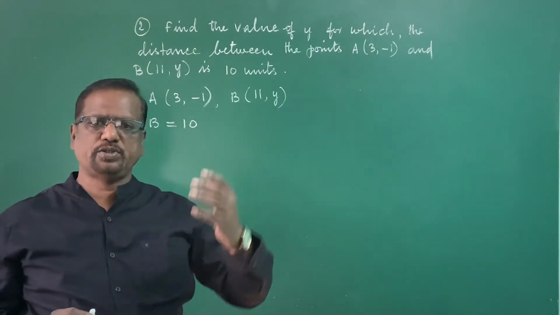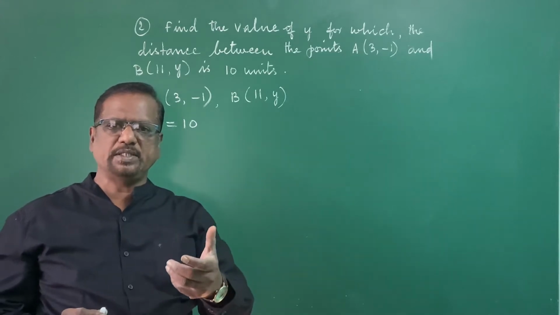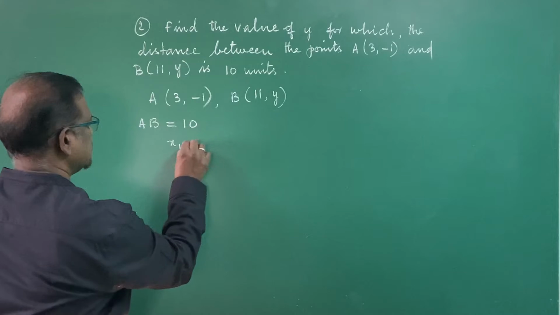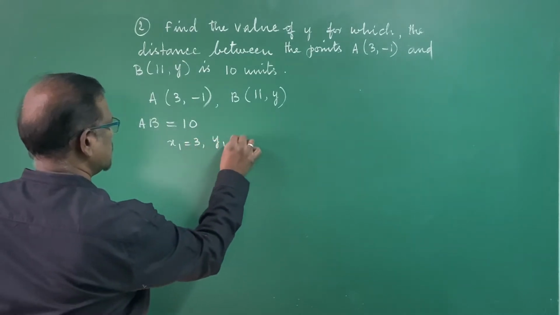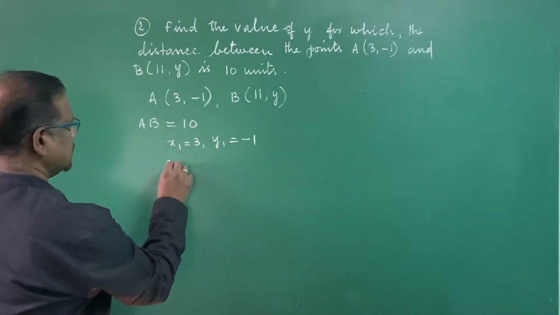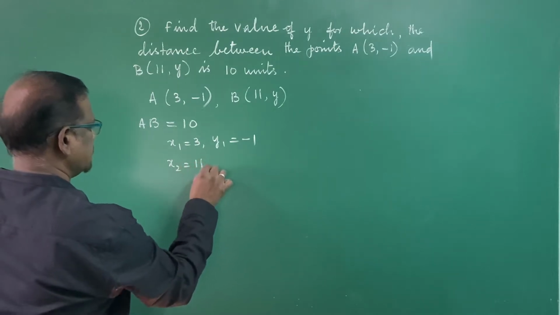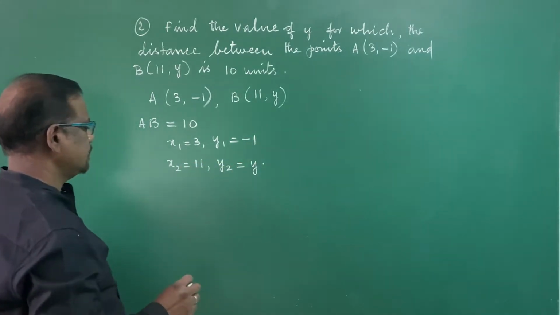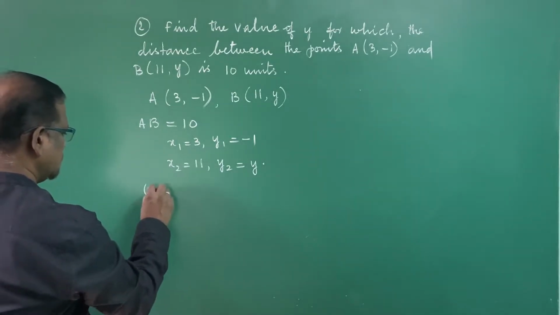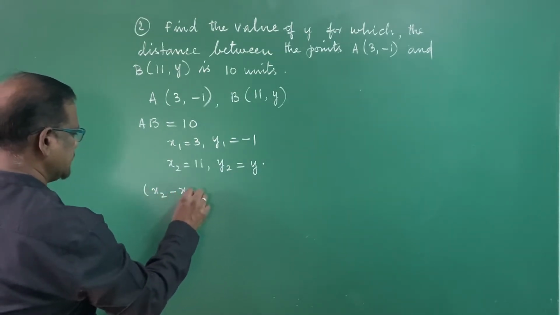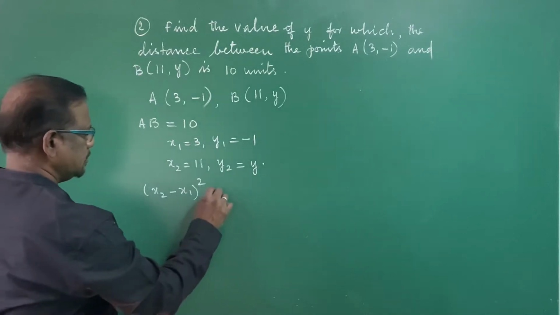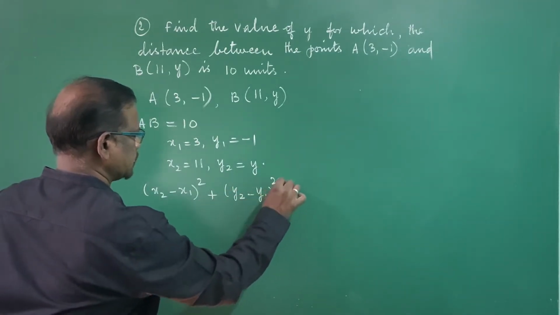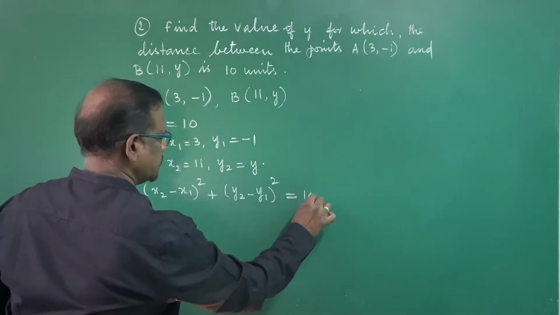Let us list out the values of x1, y1, x2, y2. x1 is equal to 3, y1 is equal to minus 1, x2 is equal to 11, y2 is equal to y. Now, x2 minus x1 whole square plus y2 minus y1 whole square is equal to 10 square.